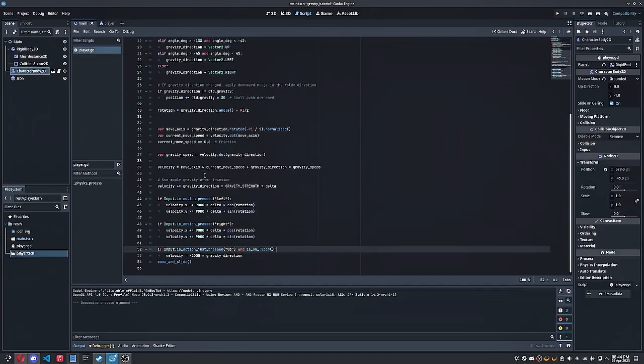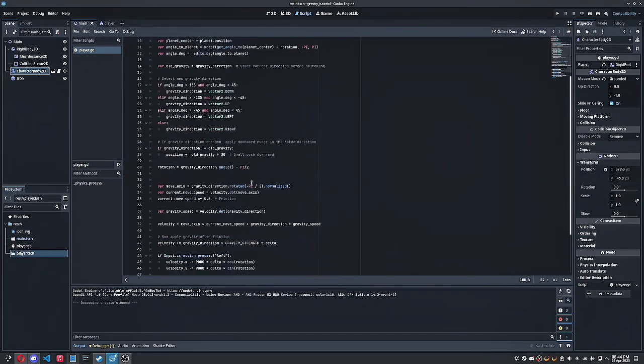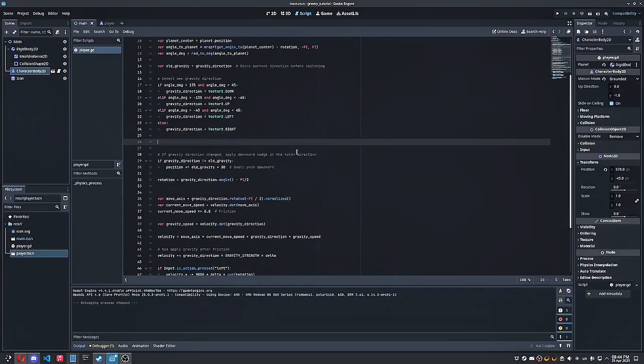Which means that I need to go up here and do something like up direction is equal to negative gravity direction.